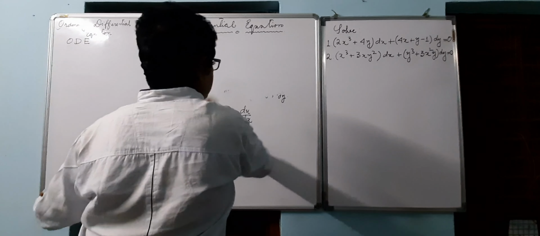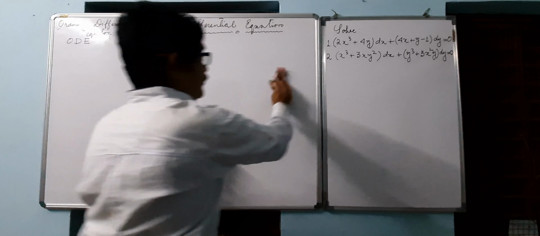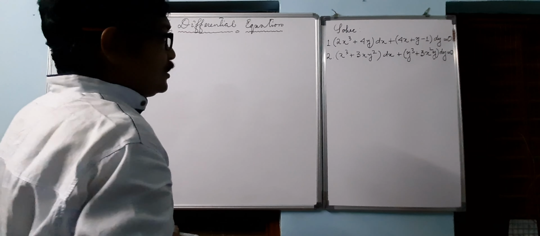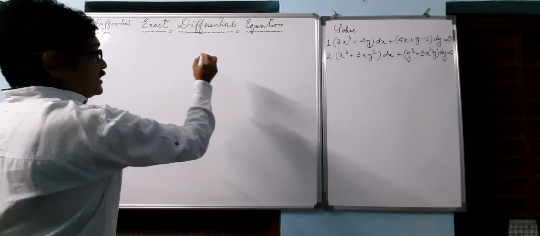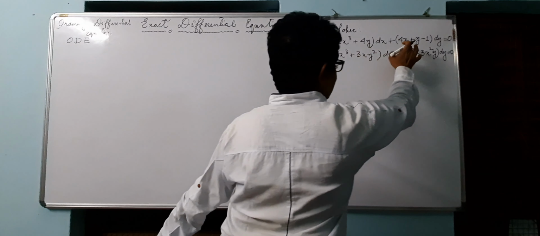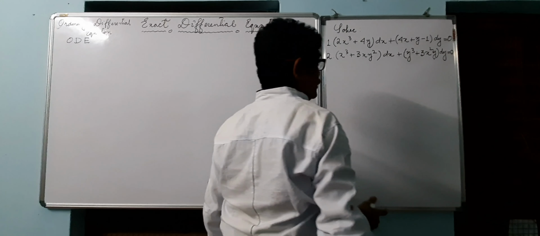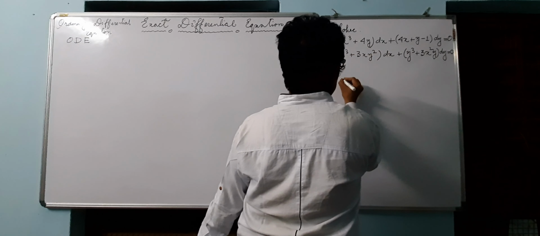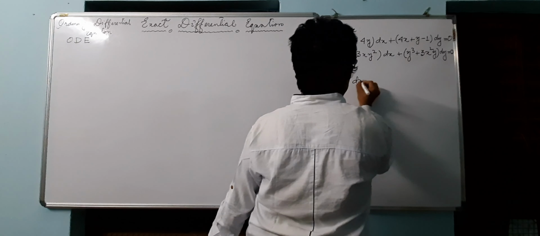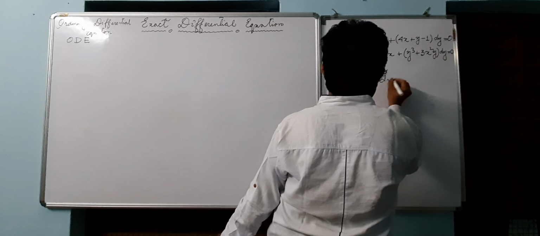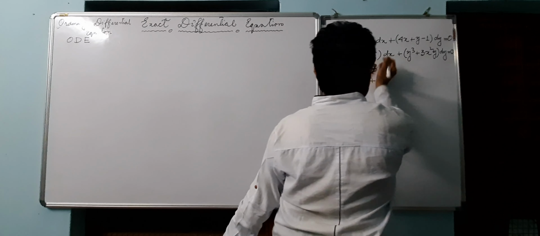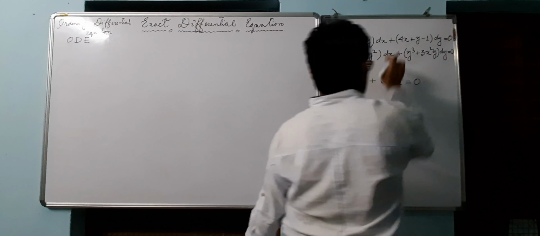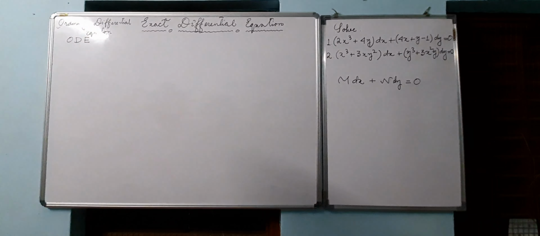Take one example, on our right hand side, problem 1. That is (2x cubed plus 4y) dx plus (4x plus y minus 1) dy equals 0. Let us compare this equation with the common differential form M dx plus N dy equals 0.